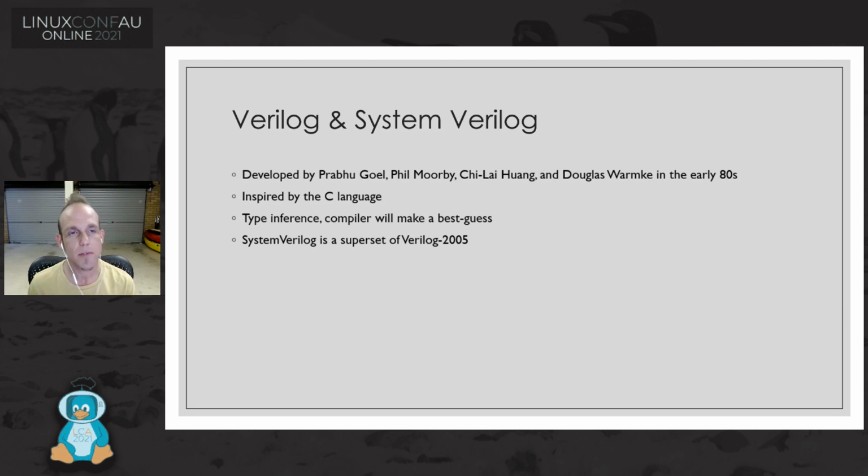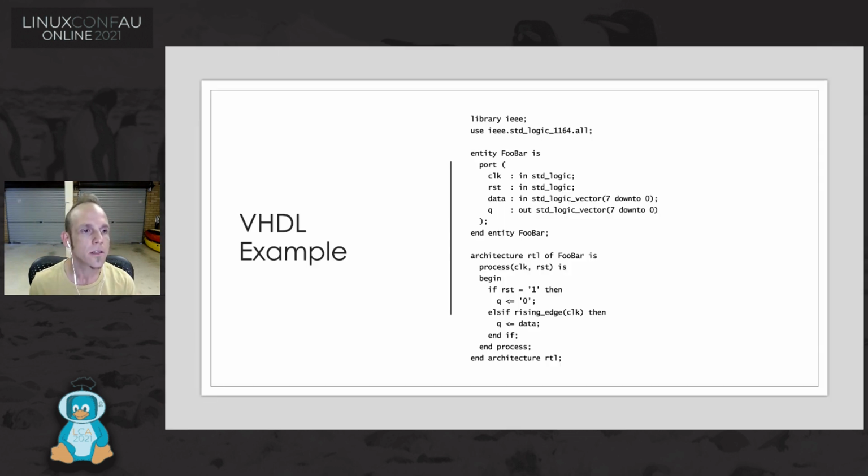Sometimes the compiler might make a best guess that doesn't make sense or you weren't expecting. System Verilog is a superset of Verilog that added extensions for system level synthesis and model testing, things like that. And again, you use a hierarchical modular design when you're describing your circuits.